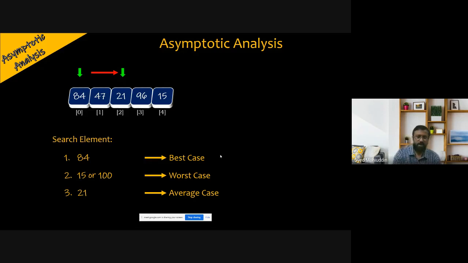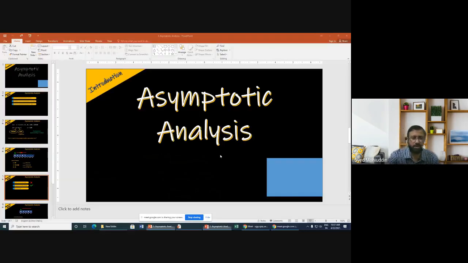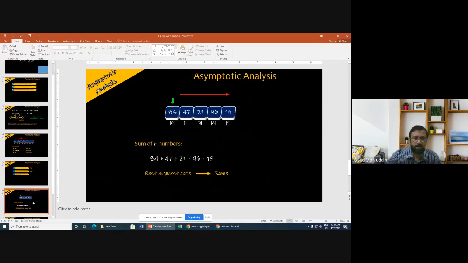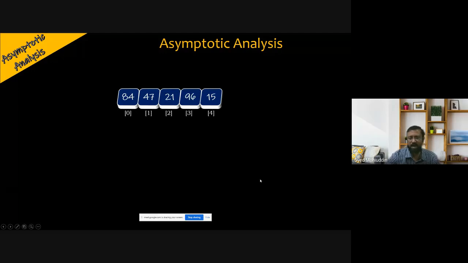Now let us look at another example. I have a number of elements, but here my algorithm is not to search. My algorithm is to find the sum of these numbers.